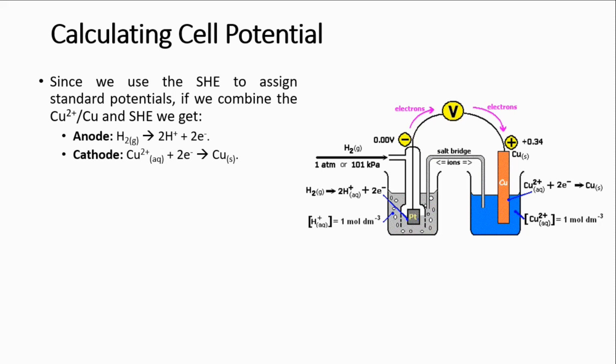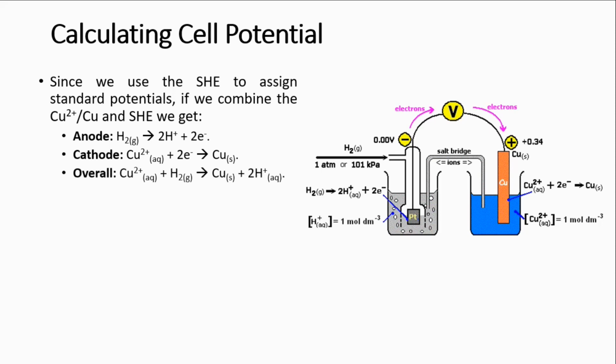At the cathode, reduction occurs. That is, ions in solution get converted to solid, or get reduced. So copper 2 plus ions accept 2 electrons and become copper solid. That's the anodic reaction for hydrogen, and that's the cathodic reaction. That is what occurs at the cathode, reduction.